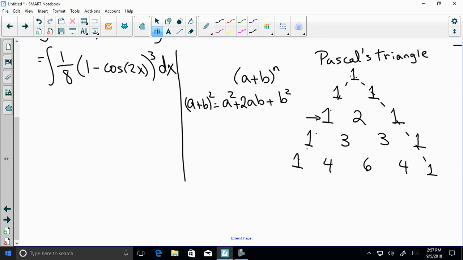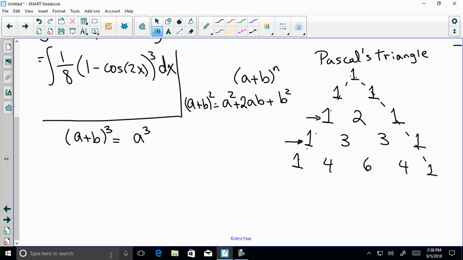Let's do another one. So if I want a plus b to the power 3, I look at the row that starts with 1, 3. This row here. Okay? And I start writing it like this. A cubed, what's the next one going to be? 3 a. Plus 3ab. Subtract 1 from the power of a. It was 3 before.